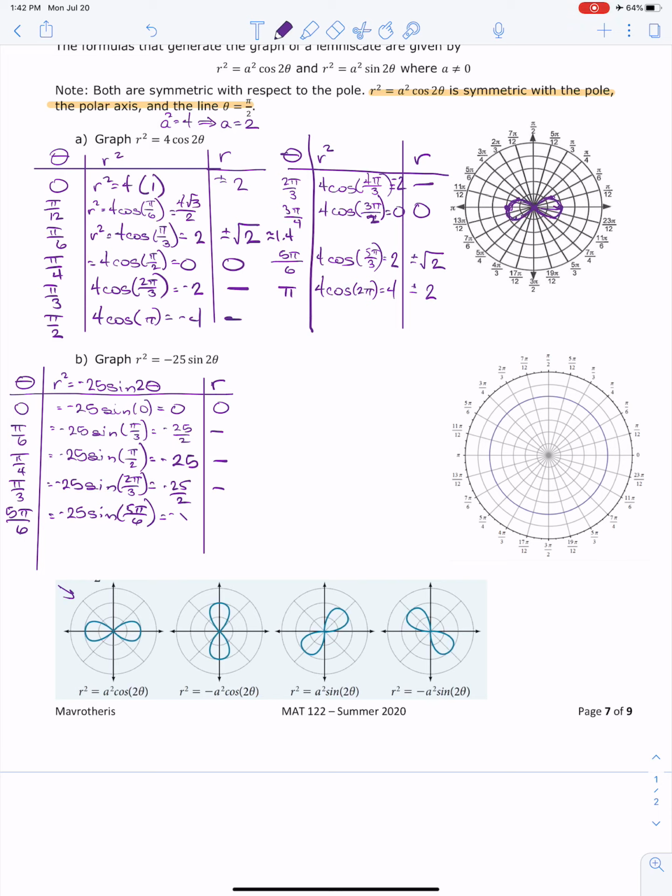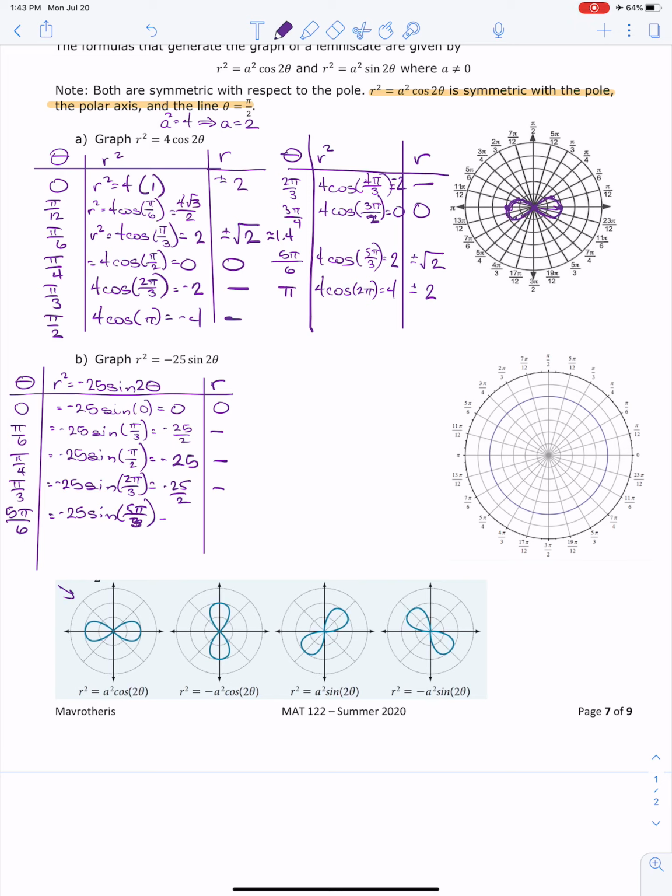See, I can't write and think at the same time. 2 times 5 pi over 6 gives me 10 pi over 6, which is where the 5 pi over 3 came from.